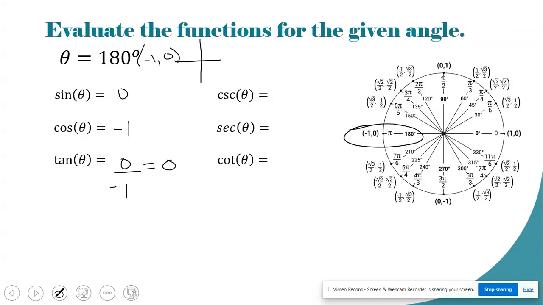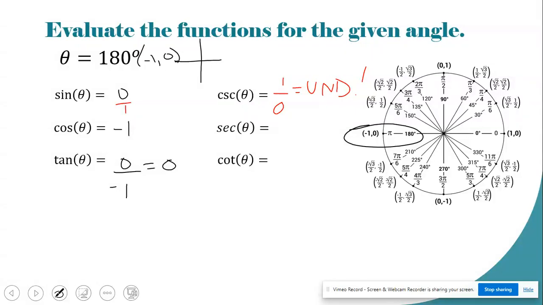If we were going to find the reciprocal, 1 over 0, that is undefined, so cosecant does not exist at 180 degrees. We'll see that when we go to finally graph these things or take a look at what the graphs look like. This will make a lot of sense.